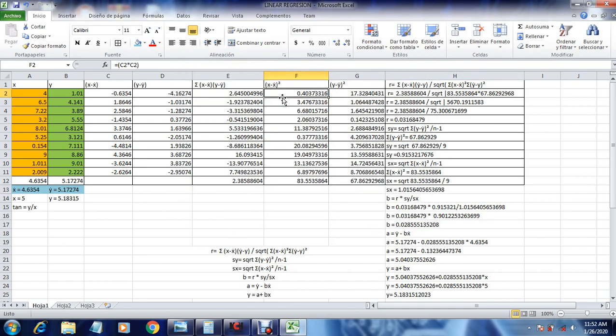And then to get this value, you use this in the second power, this in the second power, and so on and on. This is equal to the summatory of this, and for y it is the same: this in the second power, and the summatory of this is right here.